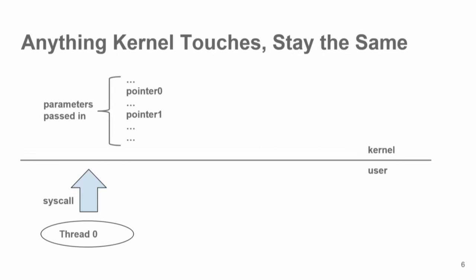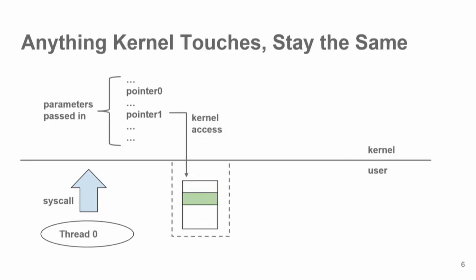Our idea is very simple. Basically, anything the kernel touches should stay the same. So let's say one user thread initiates a syscall with parameters passed in, and those parameters contain other pointers. When the kernel references those pointers and accesses a user page, we think this page should be protected, and it should not allow other user threads to overwrite it.